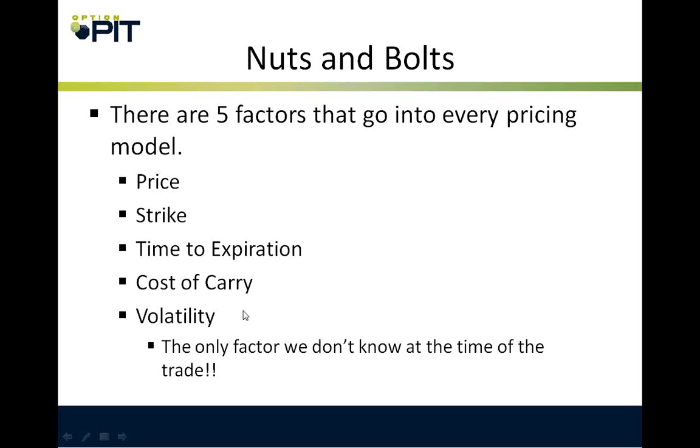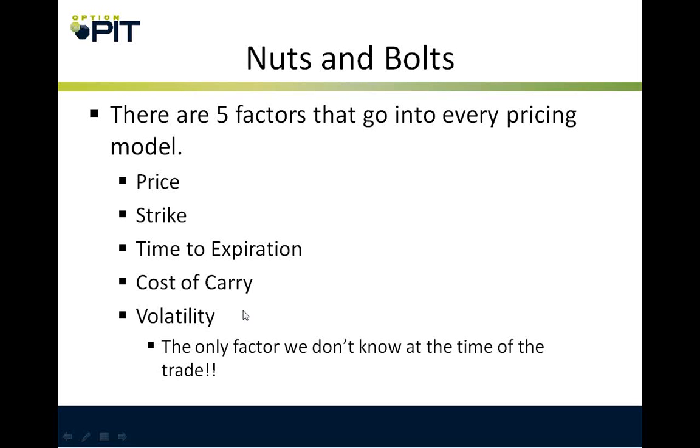Now, there are five factors that go into every pricing model, from the most complex to the simplest: price, strike price, time to expiration, cost to carry, and volatility. Every model. Now, price.